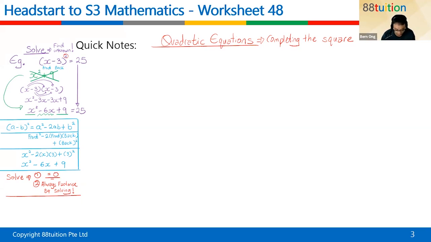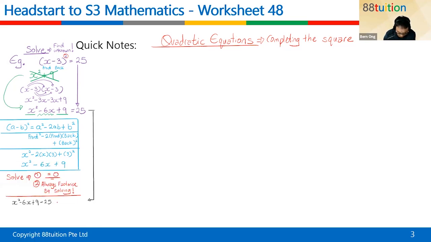Okay, so what do? Oh, I do have the equal to 0. Yeah, precisely. So do something. Let me draw some arrows down. I'm trying to be neat. In order to have the equal to 0 portion, you bring all the terms to the left-hand side. 25 you bring across is minus 25.